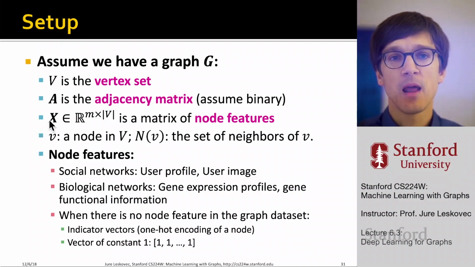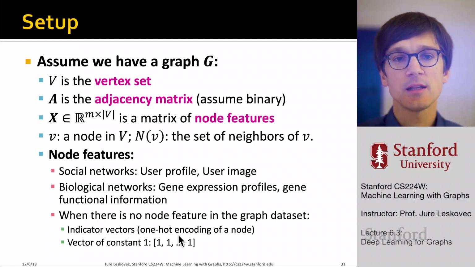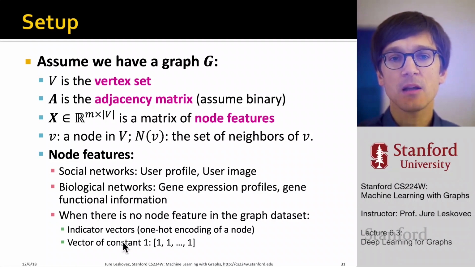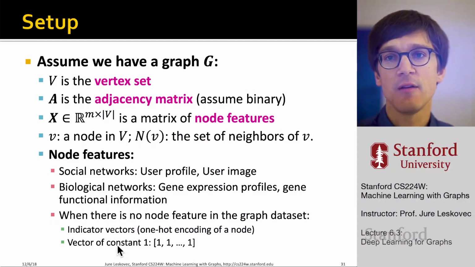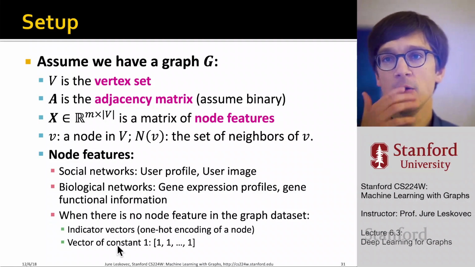So what are node features? For example, in social networks, this could be user profile, user image, user age. In biological networks, it could be a gene expression profile, gene functional information. And if there is no node feature information in the data set, what people like to do is either use indicator vectors, so one-hot encodings of nodes, or just a vector of all constant value 1.